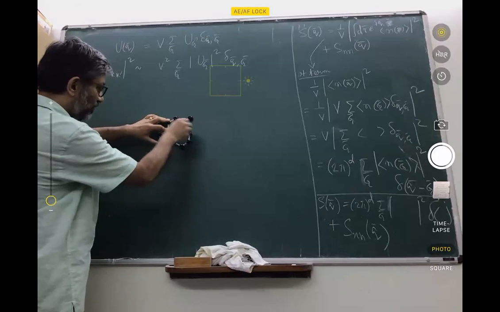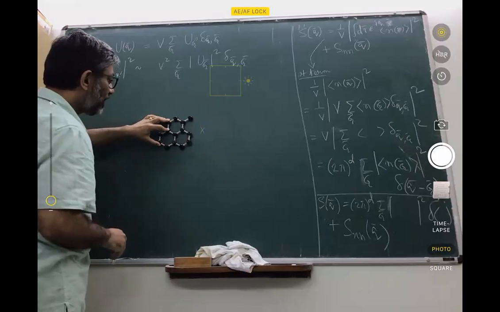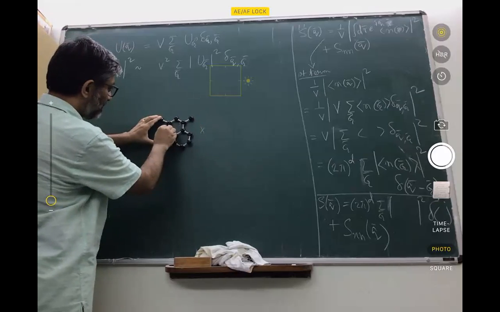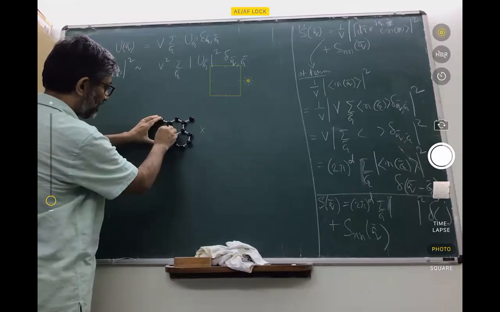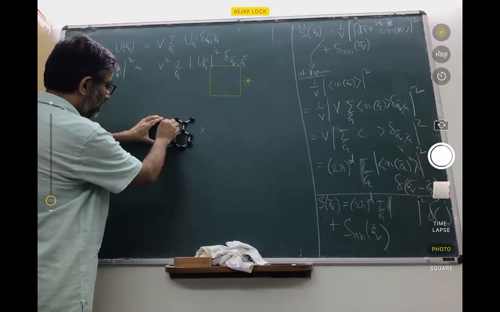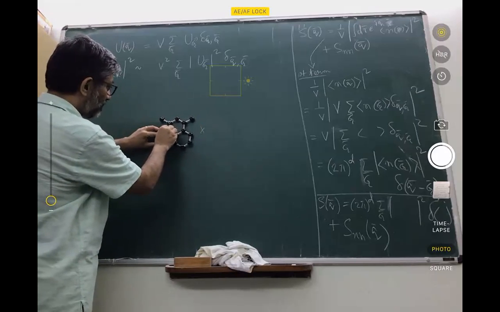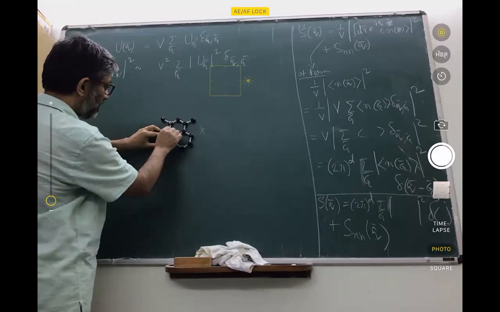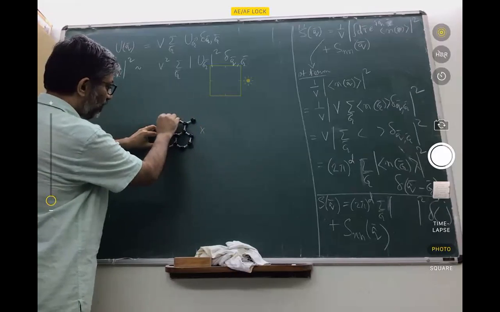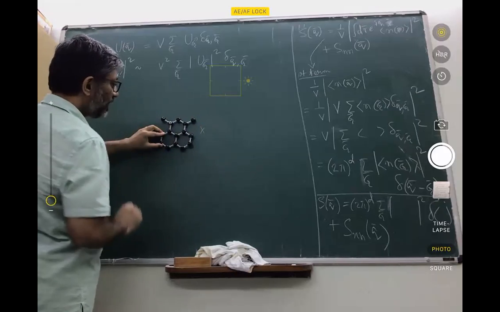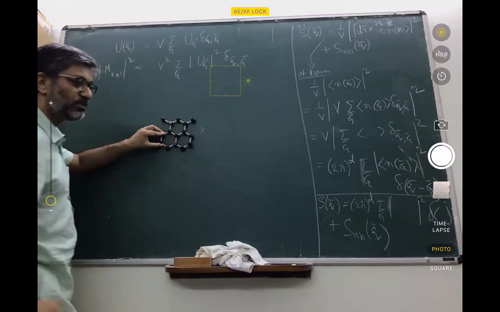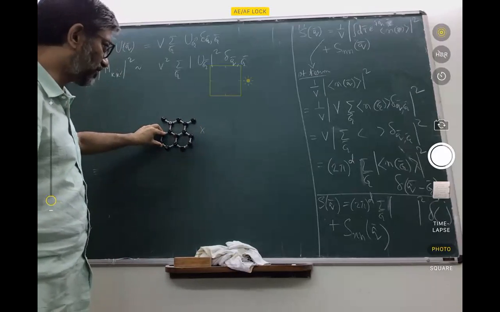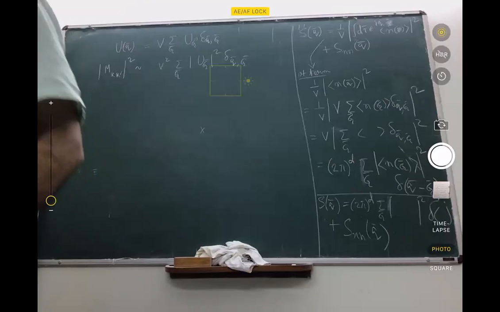So this is not a Bravais lattice. On the other hand, if I take this to be one of my lattice vectors and this to be another, then these two atoms would fall within the unit cell. So I need two atoms to describe this crystal. So you have such situations.